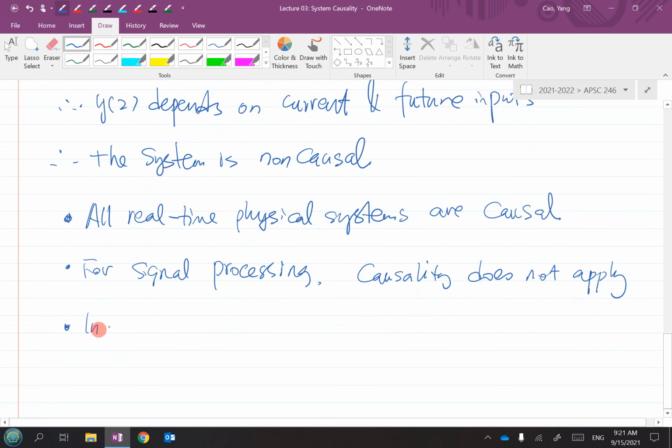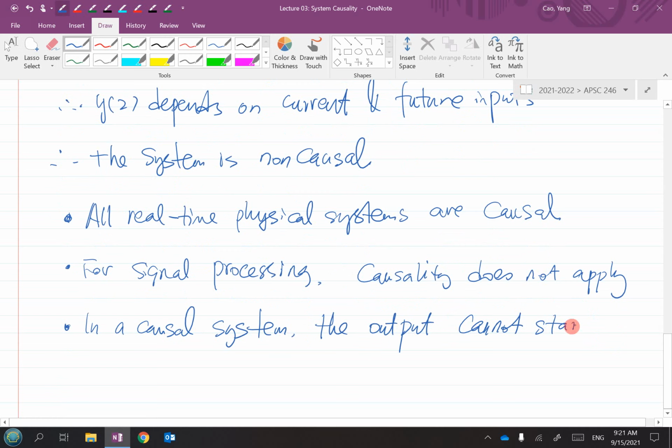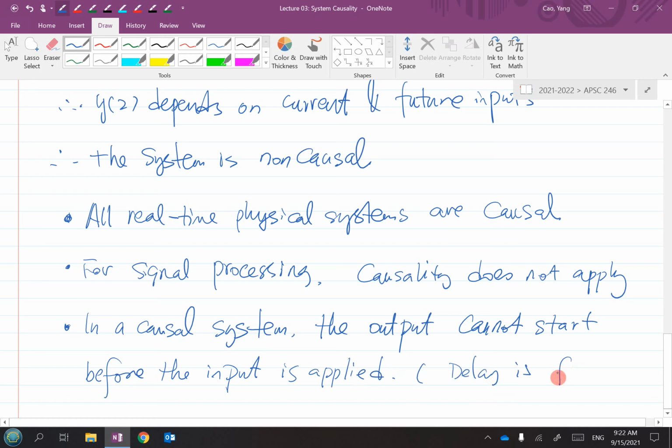I should say, in a causal system, the output cannot start before the input is applied. Before the input is applied. Delay is fine.